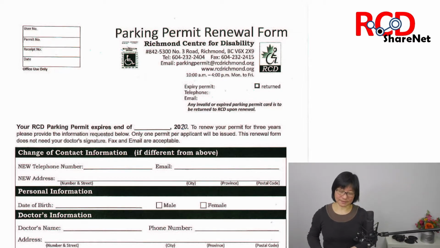And one more reason is that sometimes people may forget to let us know that they have moved, or there are changes with their medical condition or any other situation. So renewing every 3 years enables us to keep more current information on the applicant.